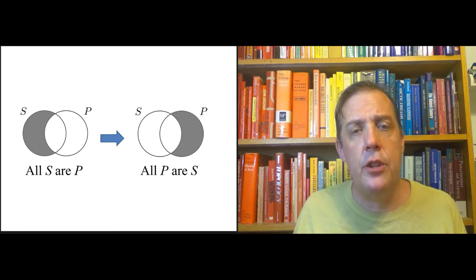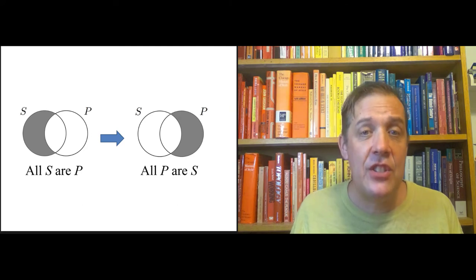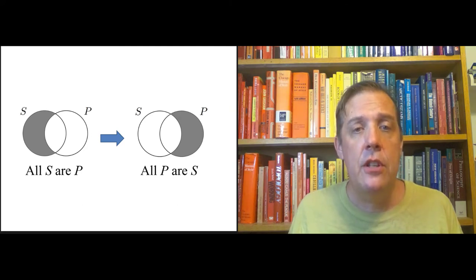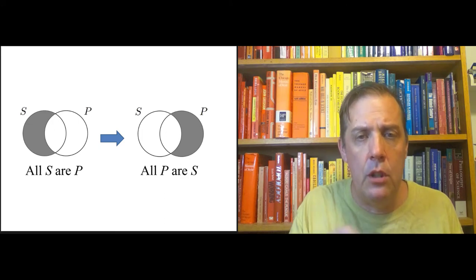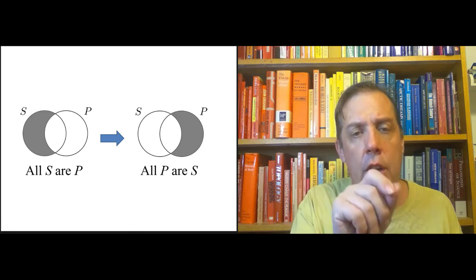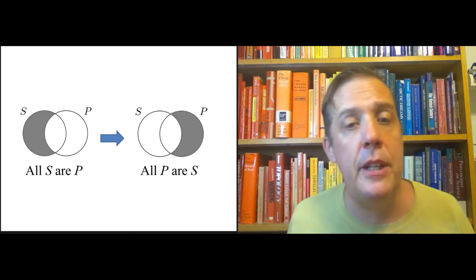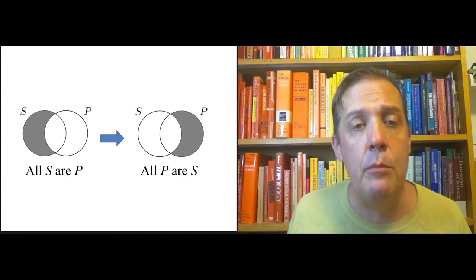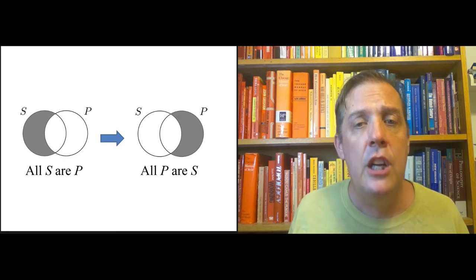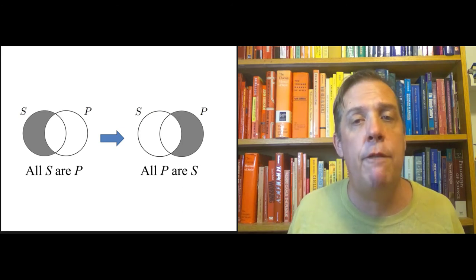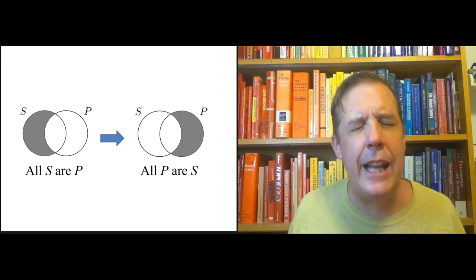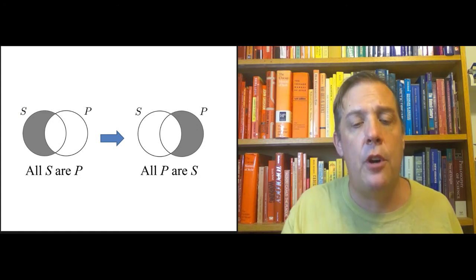Now we want to shade the region of P that is not S. And that means it's impossible for something to exist in that circle. You try to draw an X there, you'd have to draw it in the overlap. But notice these are just different sentences. The diagram for all S are P is different than the diagram for all P are S. So you can see how this would turn a true statement into a false statement.